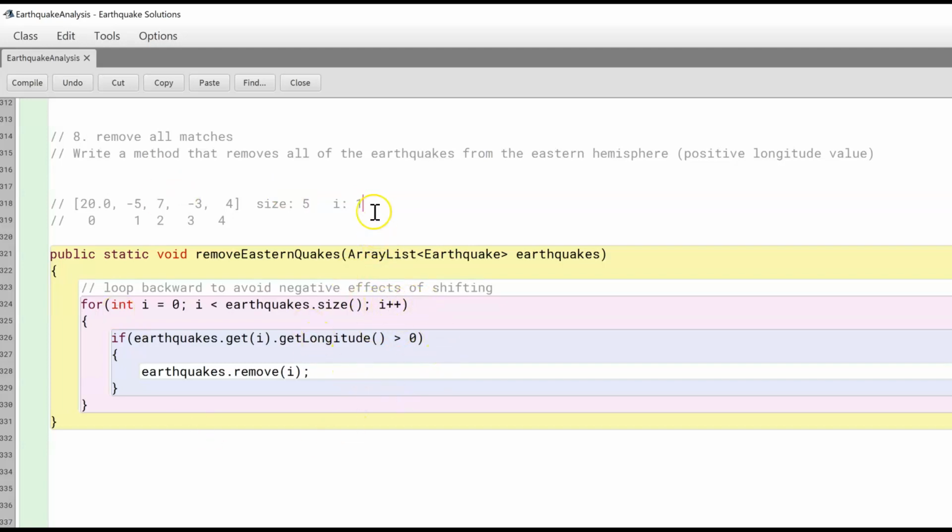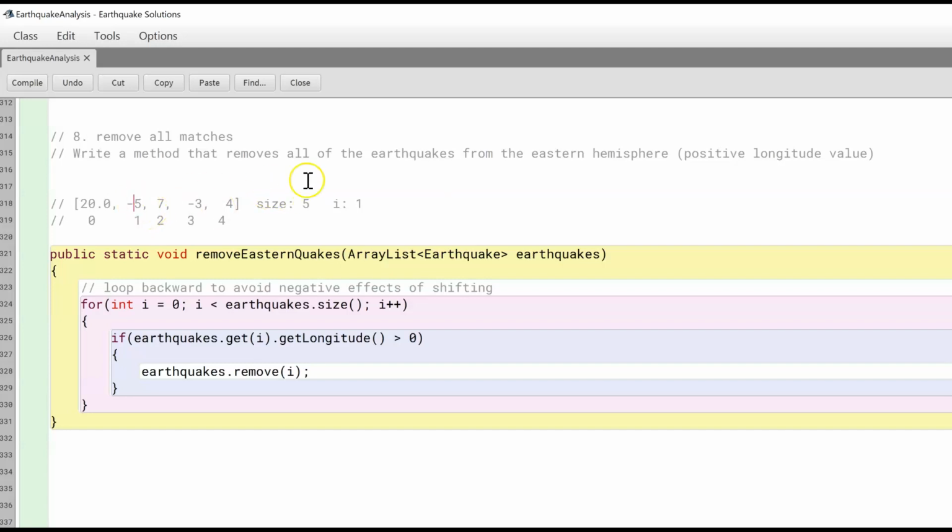We go on to the next loop, i is 1, and notice that this 20 here gets skipped over because 20 was at index 1, but because of the shifting, it moved to the left. So now this -5 that was at 2 is now over at index 1.